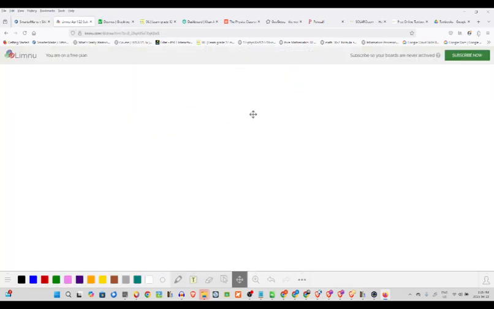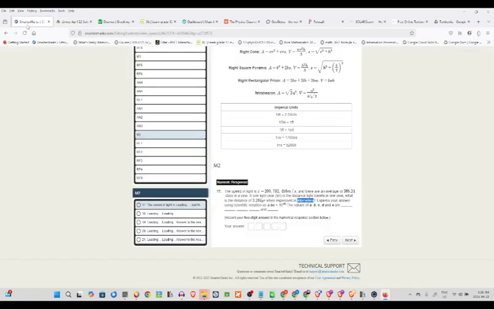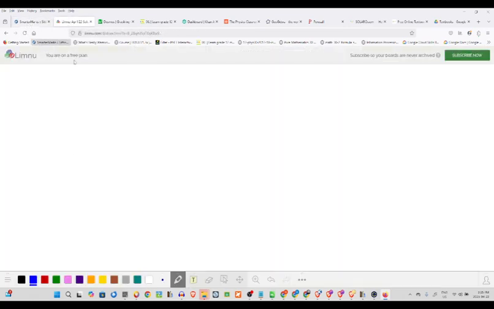All right. So we need to figure out what distance light travels in 3.28 years. So we have 299,792,458 meters per second. Now, how many seconds are in a day?